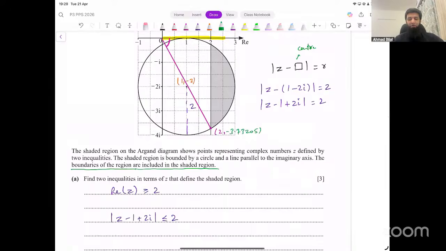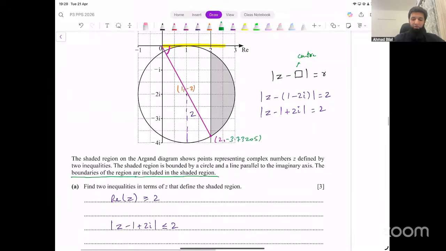Now, once we know the y coordinate, we can find that angle using this right angle triangle. In this right angle triangle, we know that the base is 2 units and the height is 3.73205. Right?